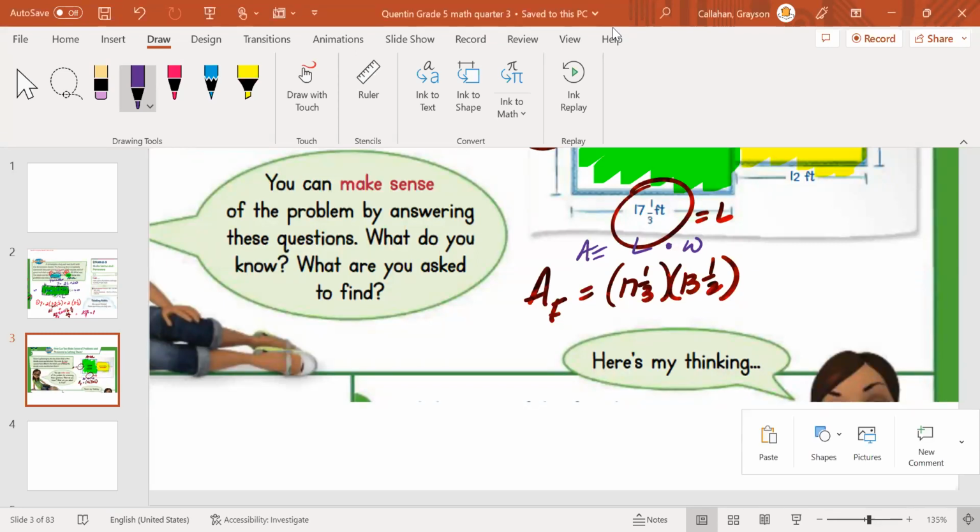I would turn 17 1/3 into a proper fraction. Yeah. Okay. Which would give me 52 over 3.